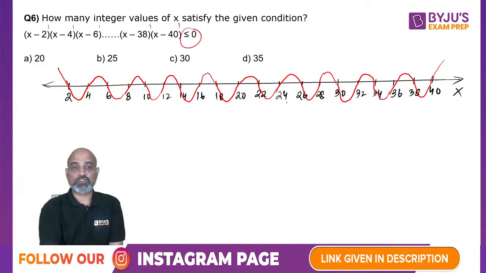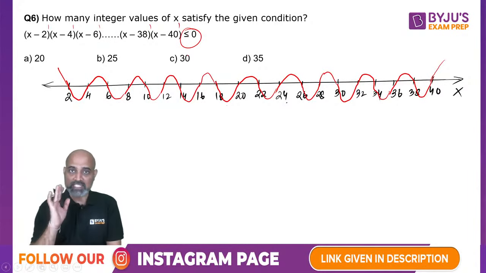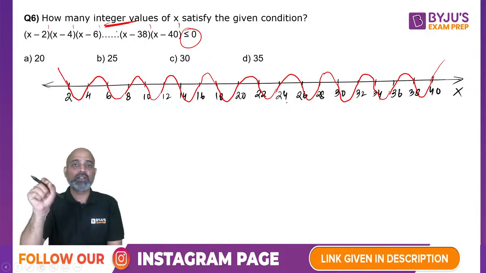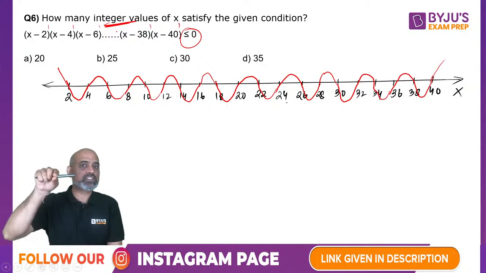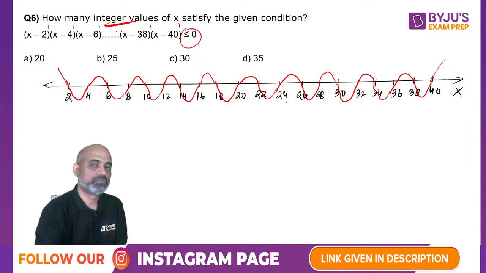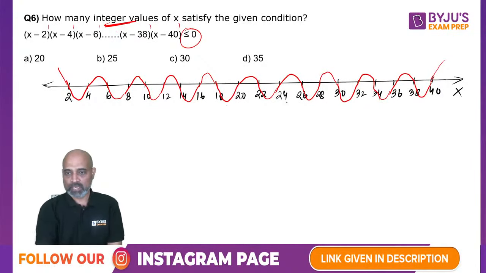Now we have to figure out less than or equal to 0. Less than or equal to 0 means you have to figure out those integral points on the x-axis where this drawing, also called the graph, is either on the x-axis or below it. How many places? At 40 it is on the x-axis, one value.